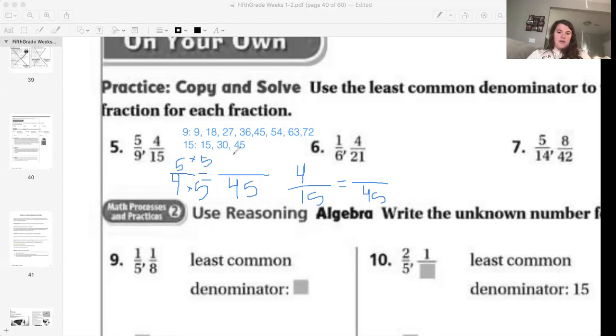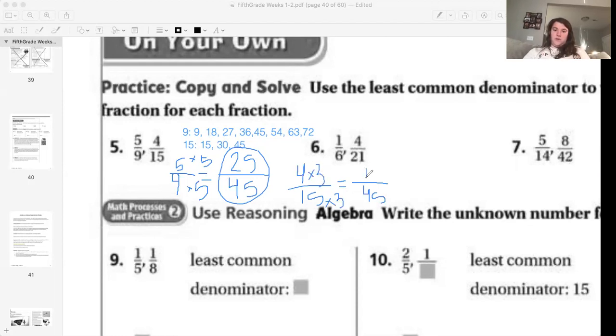And 5 times 5 is 25. So this is one of your answers. You don't have to do anything else with it. You have 25/45. And then you would do 15 times what gets us 45. If you didn't know, you could count: 1 times, 2 times, 3. This would be 15 times 3. And then you do times 3 to the top. And 4 times 3 gets us 12. So your answers here would be 12/45 and 25/45. That's all you're doing for these problems.